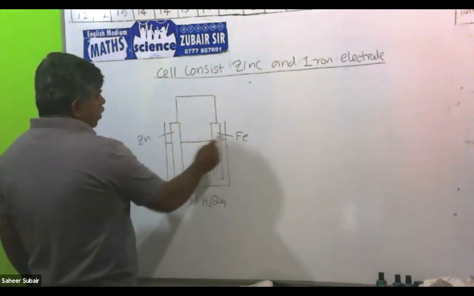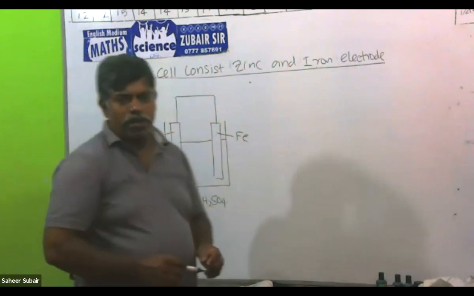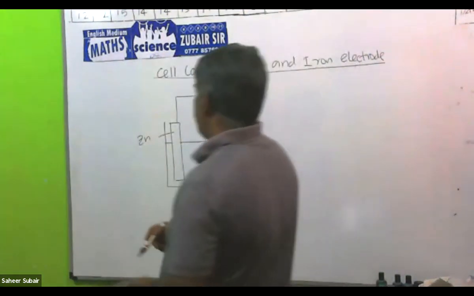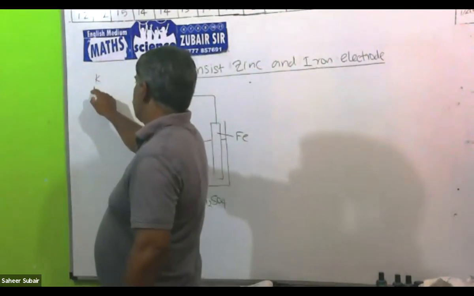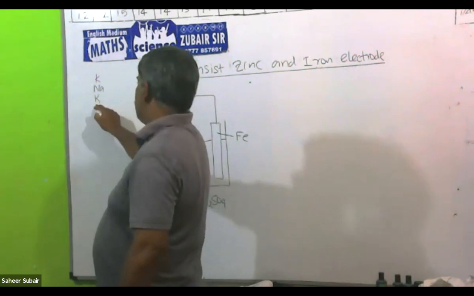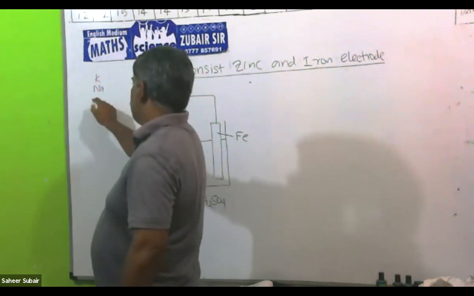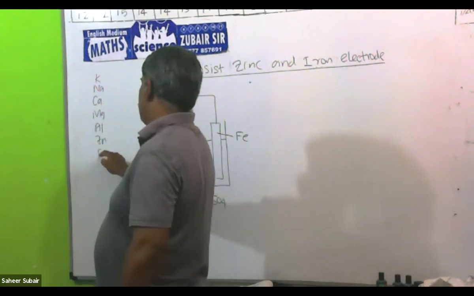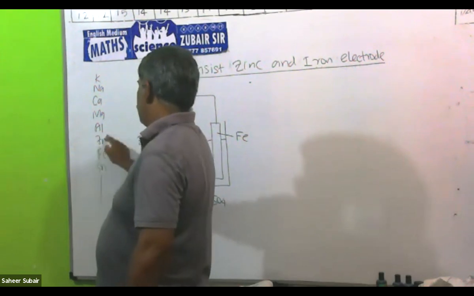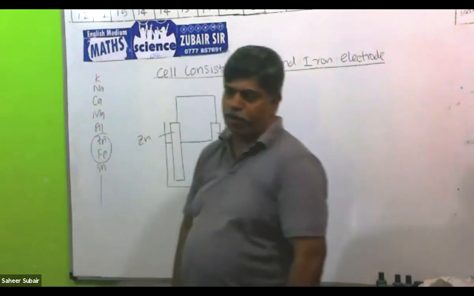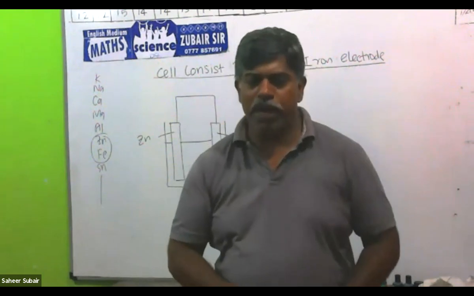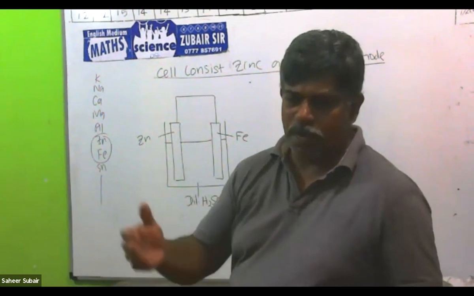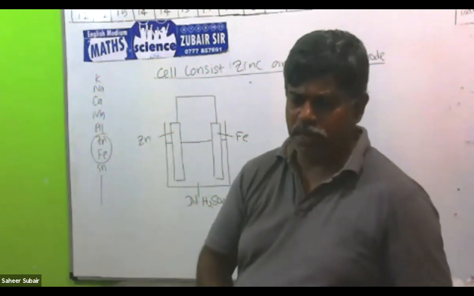Then when you compare iron and zinc in the activity series, zinc is found in the upper part. Now see zinc and iron. Zinc is found in the upper part. So zinc makes the cation, the positive ion. Then you can write the reaction. Same as the earlier one. Just give it a try and see.